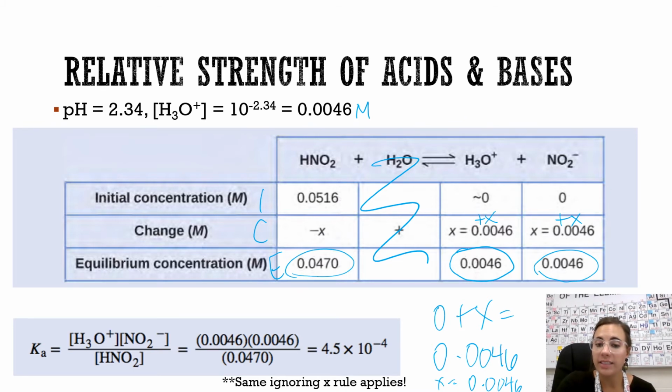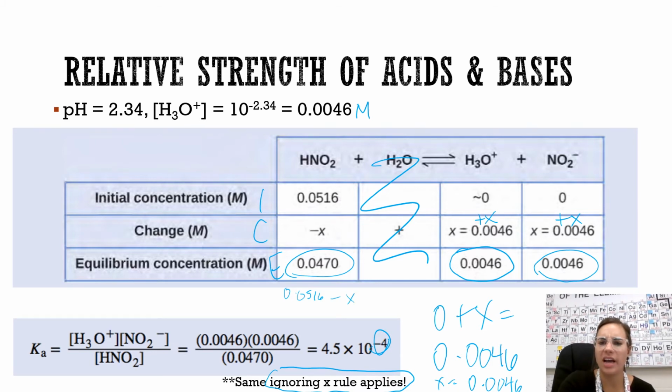Now, with our weak acid and weak base problems, we have really small K values, so we get to ignore X. Well, actually, I take all that back.